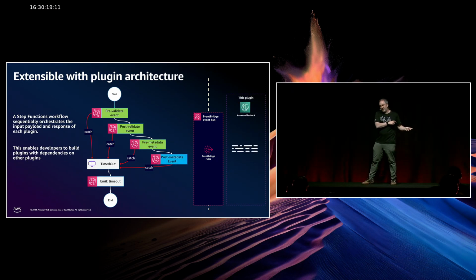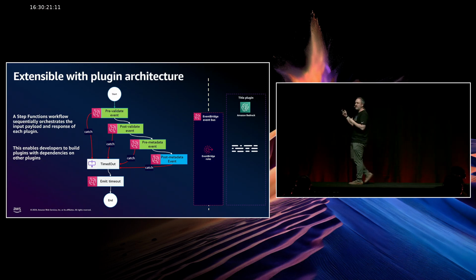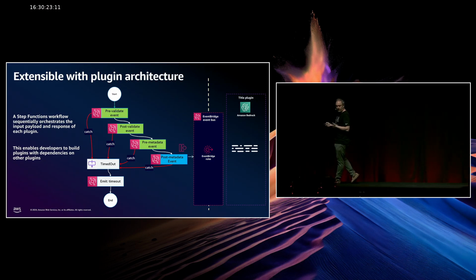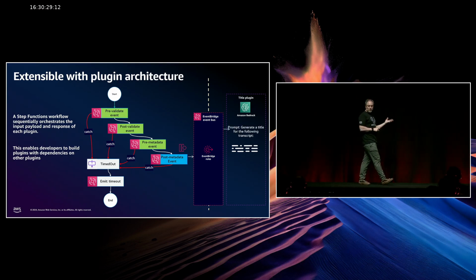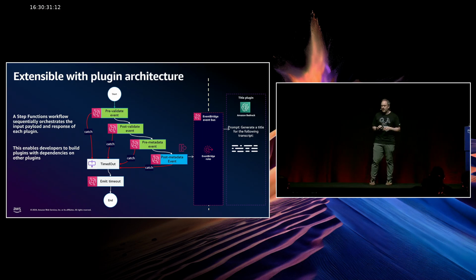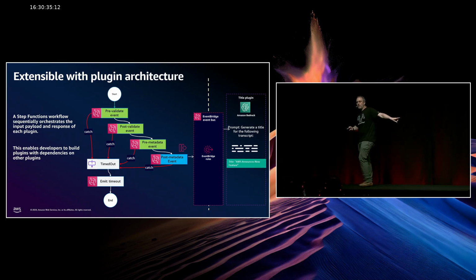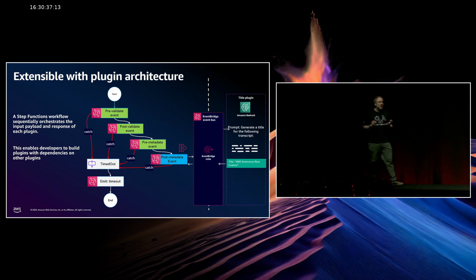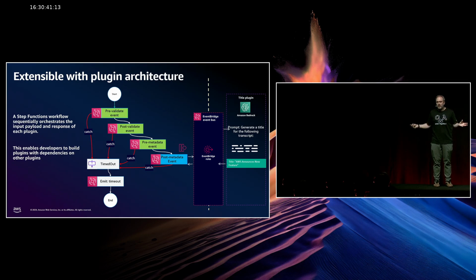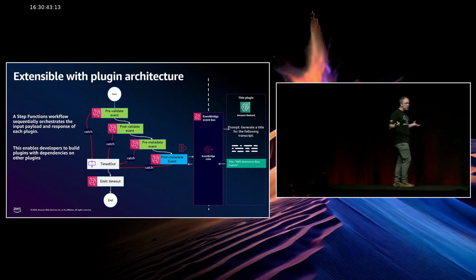Now, in the post-metadata event, one of the plugins is this generate title using Bedrock. And that has that pointer to that transcription file. We provide a prompt along with that to say, generate us a nice title along with the transcript. And then that title is sent back to the workflow. And this allowed us to create a workflow where we didn't really know what plugins would be submitted, how many would be submitted.